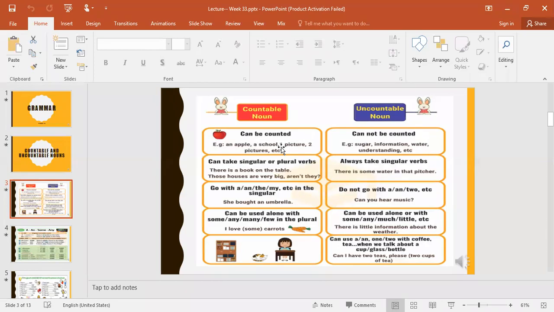We talked about a very important point, which is that countable nouns can take singular and plural verbs, while uncountable nouns only take singular verbs.